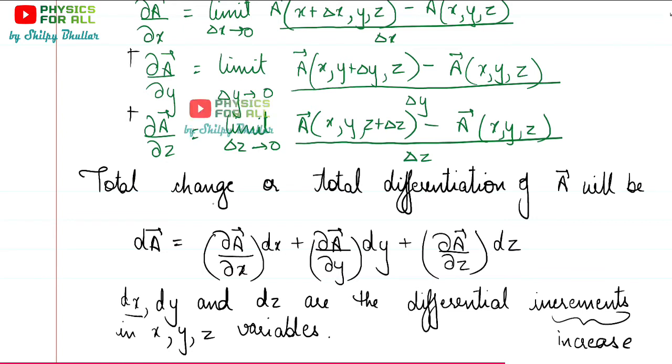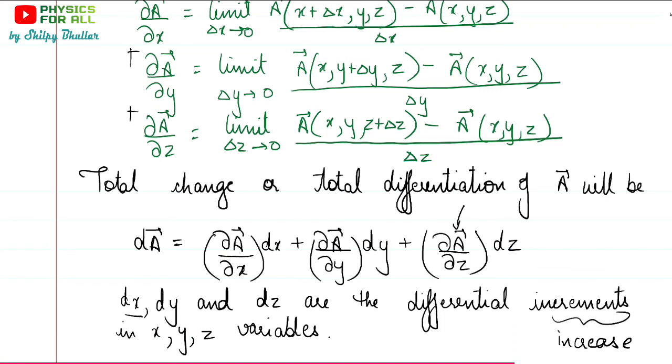What was the total change in x? That is dx. What was the total change in y? That is dy. What was the total change in z? That is dz. And obviously this is outside the parenthesis because this is the partial differentiation of A with respect to z. Here we are more concentrating on A rather than this z.